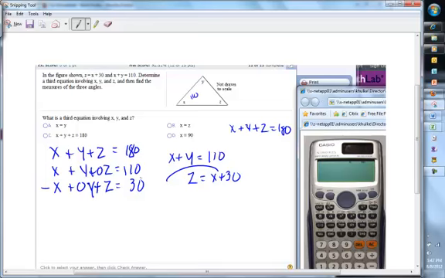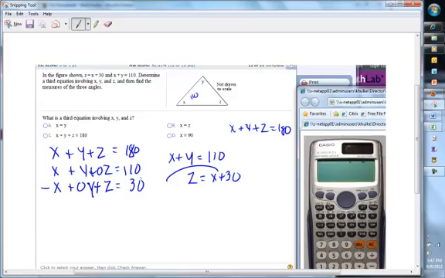Mode 5. Now we're doing equation 2. 1 equals 1 equals 1 equals 180. Second row. 1 equals 1 equals 0 equals 110. Third row. Negative 1 equals 0 equals 1 equals 30.